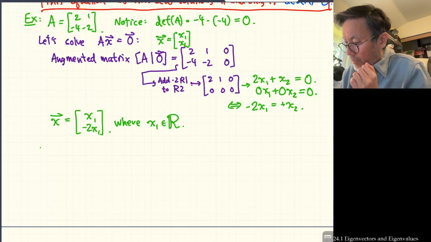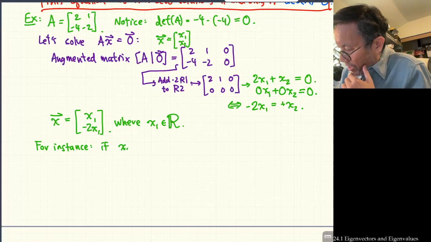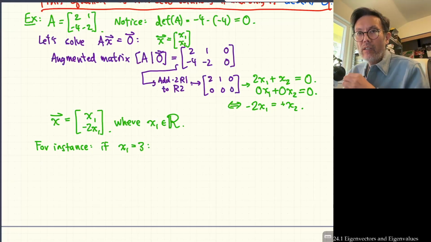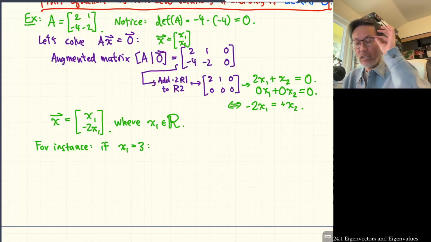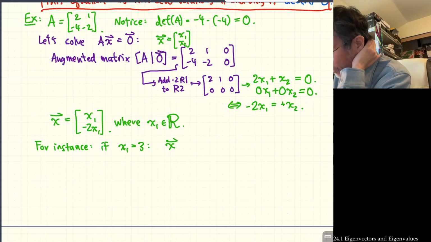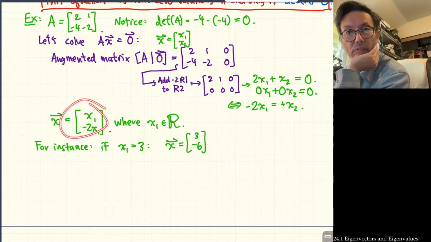So for instance, we sometimes call x1 a free variable here. If we make x1 equal to 3, then we get the vector x equals (3, negative 6). You see how I did that? I just plugged in 3 into this x here.